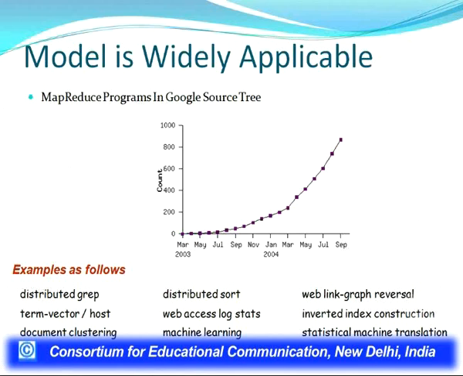Examples are as follows: distributed grep, term vector per host, document clustering, distributed sort, web access log stats, machine learning, web link graph reversal, inverted index construction, statistical machine translation. Many other examples exist where this model is widely used.